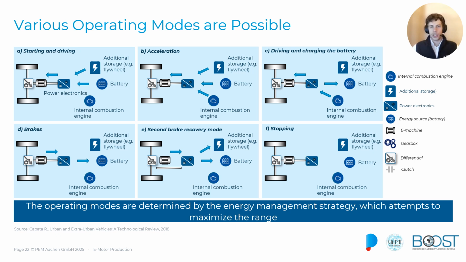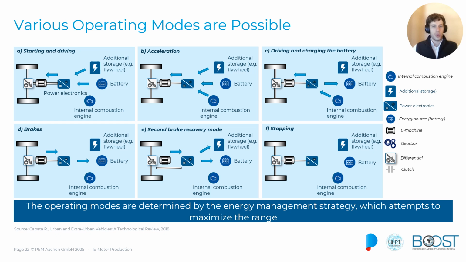In the driving and charging mode, with a hybrid vehicle, it is possible to drive and charge the battery at the same time. The combustion engine works as a generator to power the electric motor and charge the battery simultaneously.